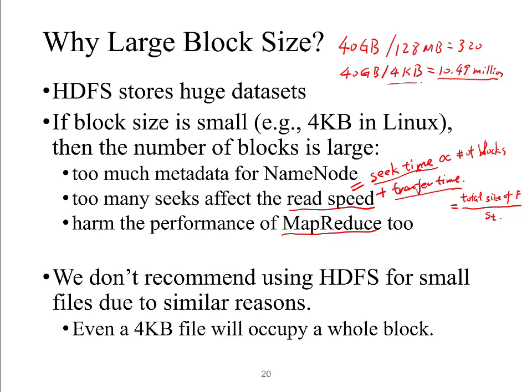If your blocks are too small, you would generate too many tasks, or if tasks are fewer than the nodes in the cluster, your jobs will run slower than they could with a large block size.